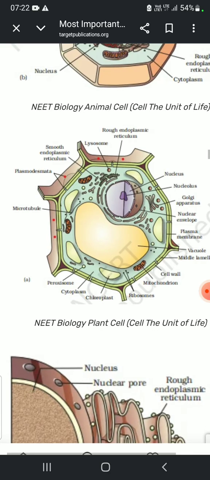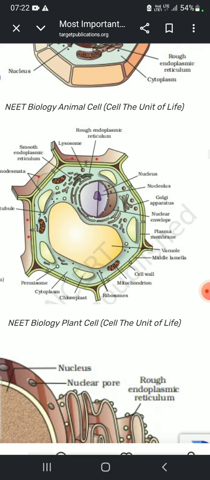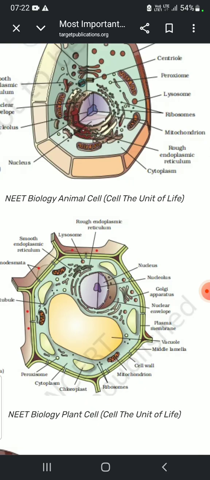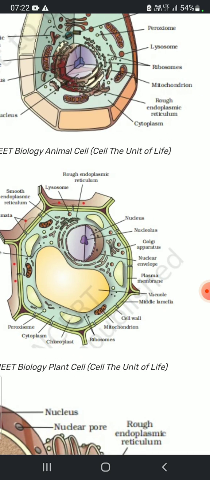Then plasmodesmata also traverse the cell wall. Next, smooth endoplasmic reticulum, then rough endoplasmic reticulum with ribosomes, then nucleus, the centrally dark blue colored is the nucleolus, Golgi apparatus, which are same in both, then nuclear envelope, then plasma membrane.